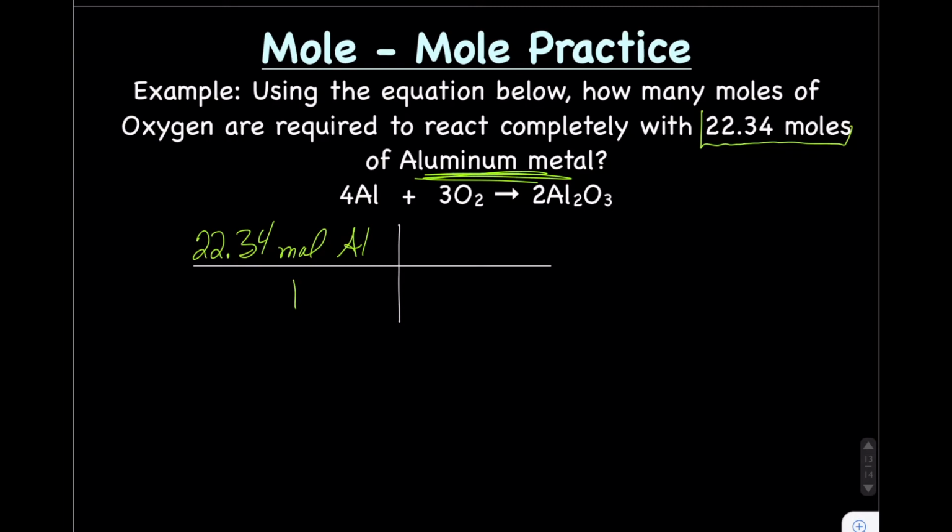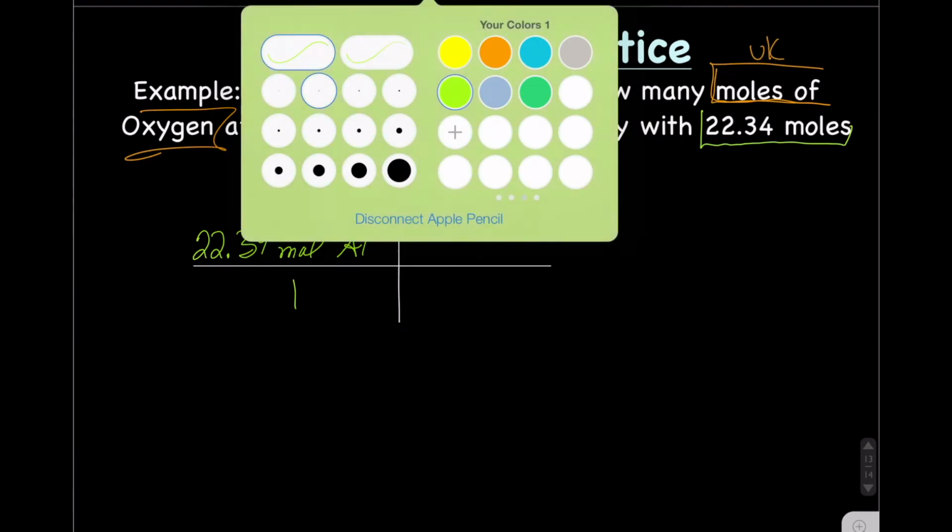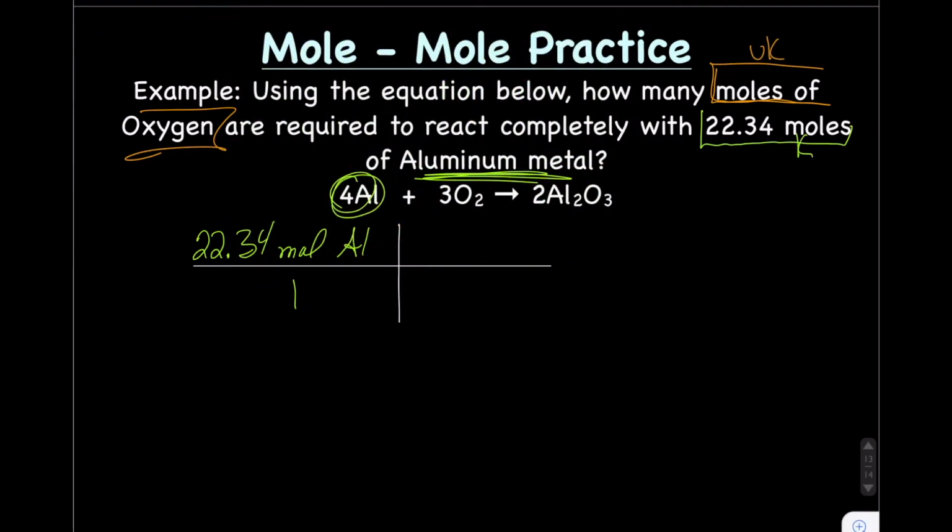All right, step 2 is to find the things we're interested in, our known and our unknown, in the balanced equation. So we already know we're interested in aluminum. And then our unknown, let's see, we're looking for how many moles of oxygen. Okay, so this is our unknown, and this is our known.